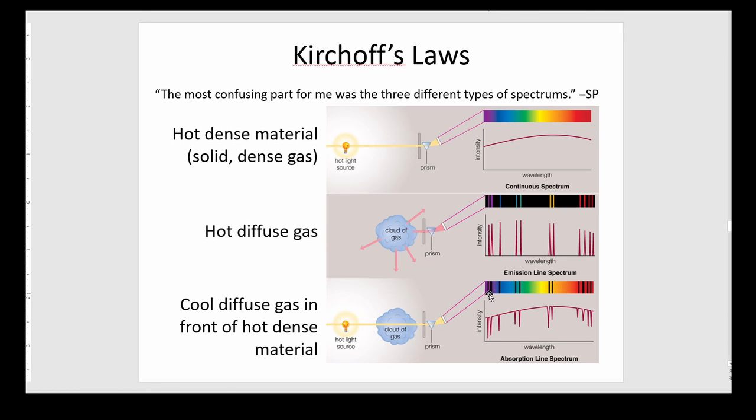However, there are missing lines. And if we plot intensity, we see this spectrum, but one line is missing, another line is missing, and so on. So it looks like something has absorbed the light in between. This is called absorption spectrum.